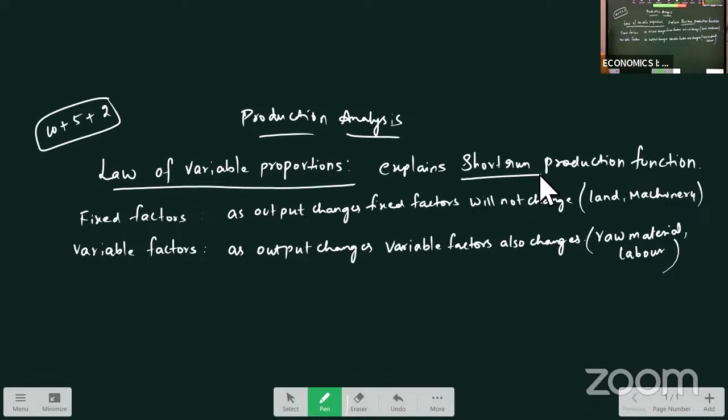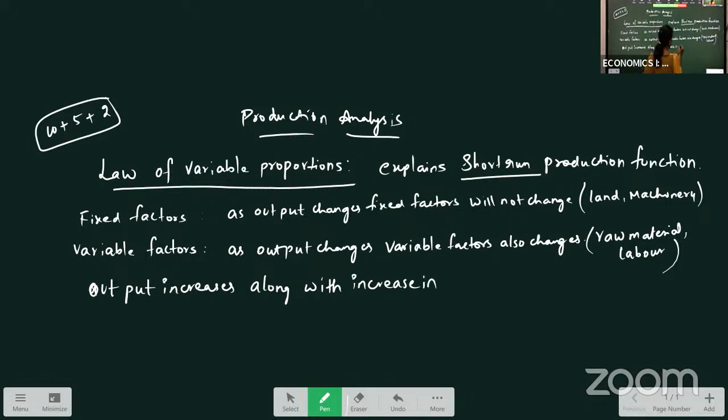And this will be your introduction. Then next you will write the next paragraph in the same law. You will write: output increases along with increase in variable factors, because our fixed factors will not affect our output.